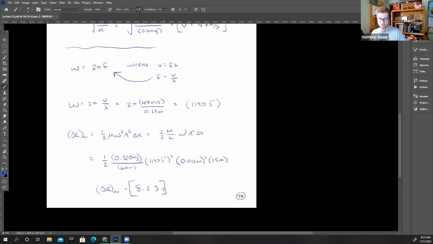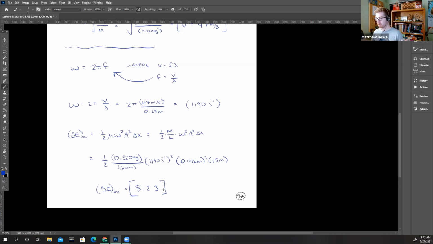This can be useful if you want to see what kind of energy an actual physical water wave might be delivering to a wall or a construction, how much energy this thing is delivering in this specific range.